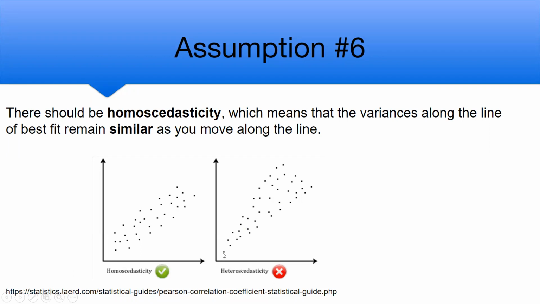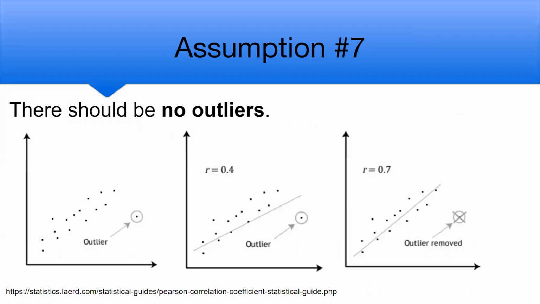It's quite few here, but as you proceed further, it seems like it's becoming bigger and bigger. So please make sure to have homoscedasticity.